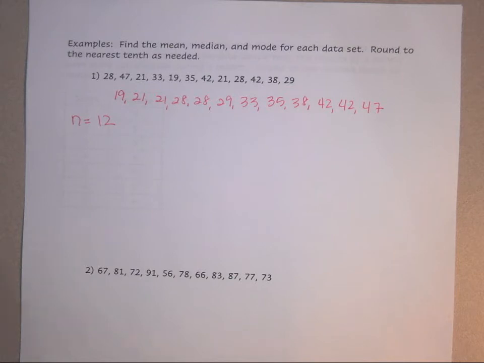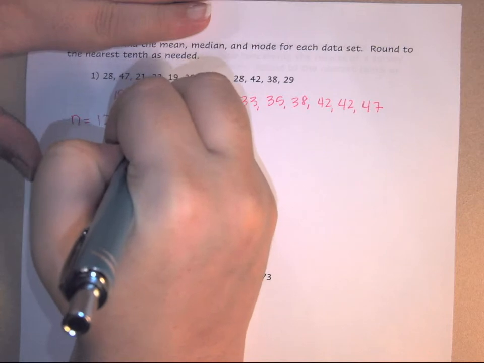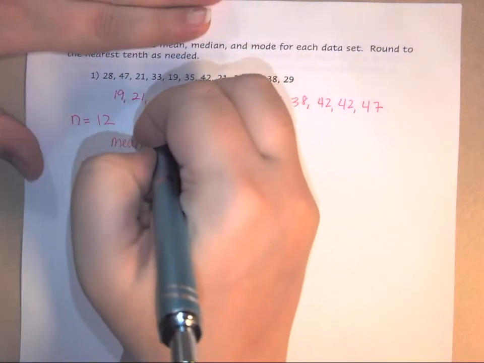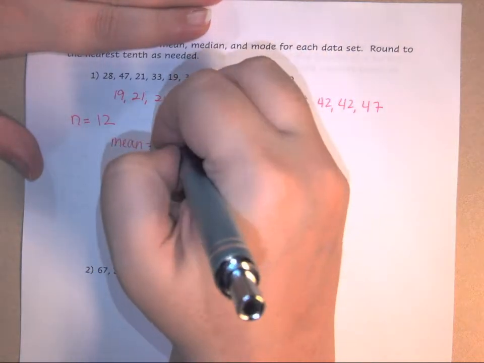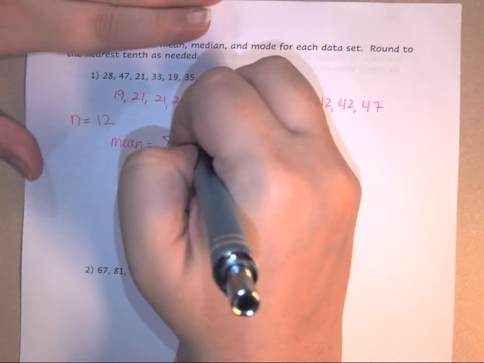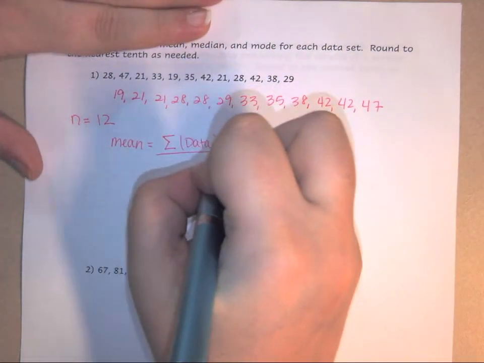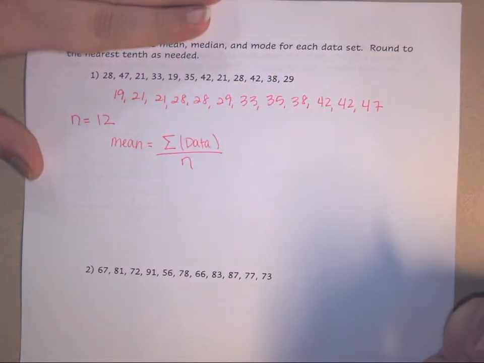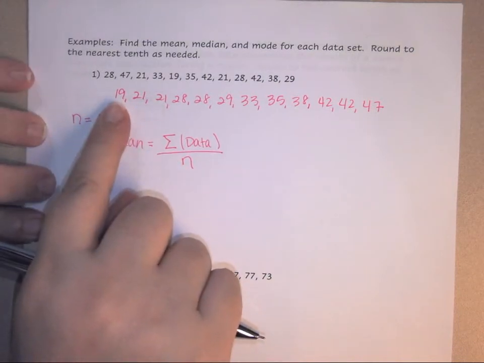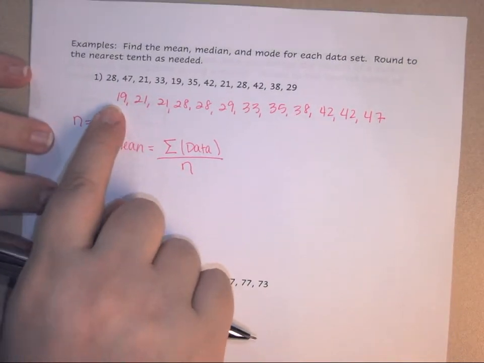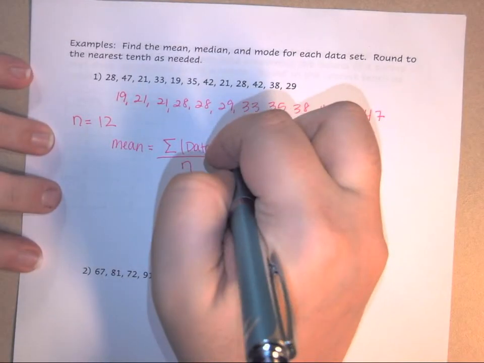So here the first thing that we would do is the mean. Your mean is going to be the sum of all the data points, and then you're going to divide that by your n value. The sum of your data points is simply, take your calculator and do 19 plus 21 plus 21 plus 28 and so on and so forth.